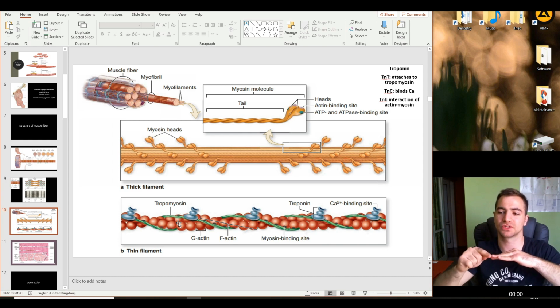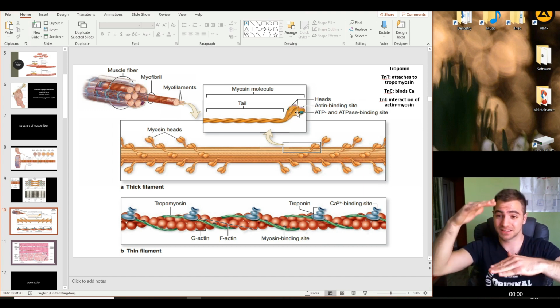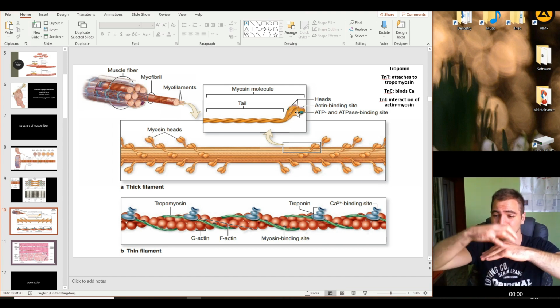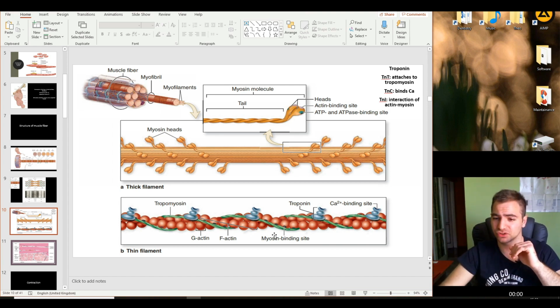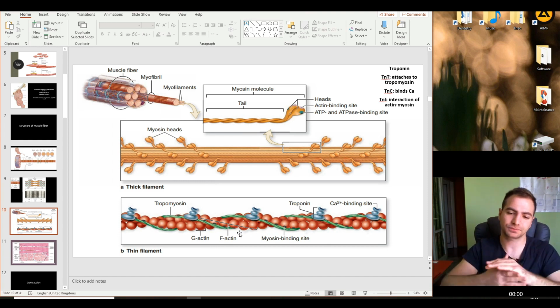Beneath the tropomyosin, we find the actin binding site. Again, the actin binding site is where the myosin head will attach and grab the filamentous actin, the F-actin, and this is covered by the tropomyosin. It actually makes sense, and we'll see why it's covered.